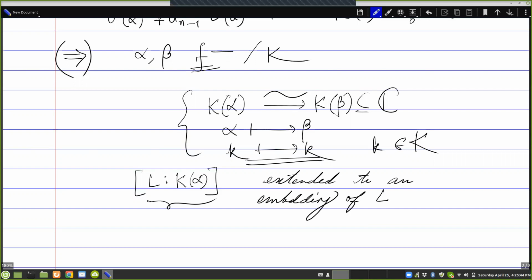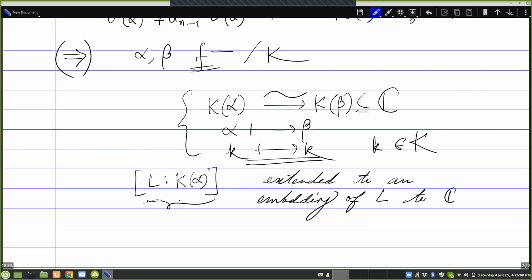of L to C. Because we proved that for any extension, the number of such extensions of an embedding is the same as the degree of the extension.